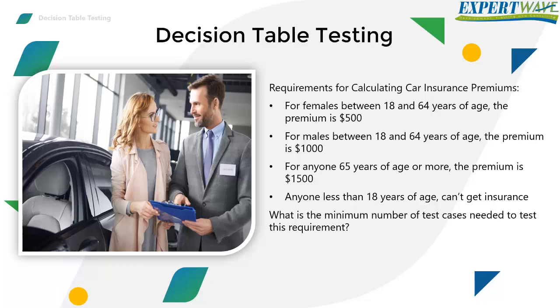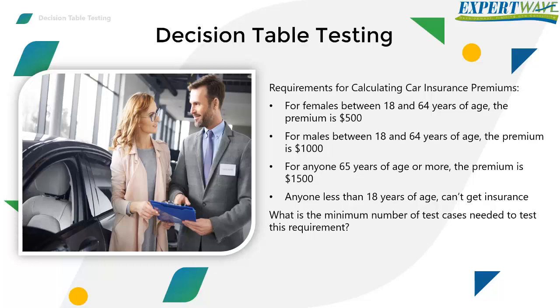For males between 18 and 64 years of age, the premium is $1,000. For anyone 65 years of age or more, the premium is $1,500. Anyone less than 18 years of age cannot get insurance. The question is, what is the minimum number of test cases needed to test this requirement?